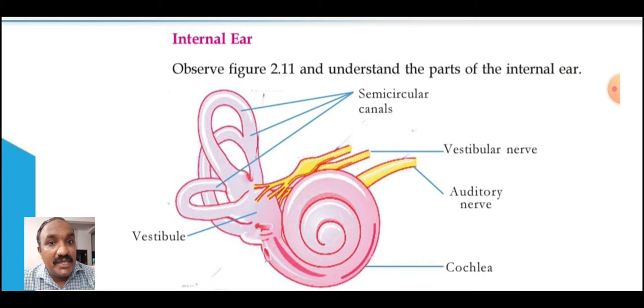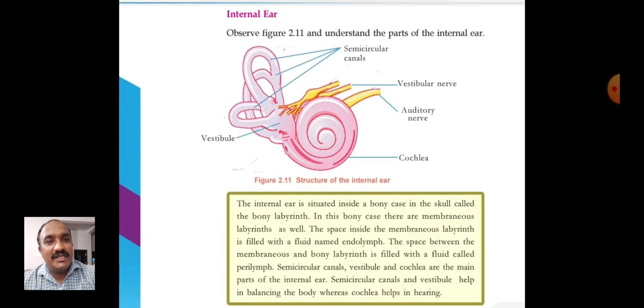These are the three main parts. Apart from these three, there are two nerves that are also part of the internal ear: the vestibular nerve and the auditory nerve. So once again: semicircular canal, vestibule, vestibular nerve, auditory nerve and cochlea. We can see them in detail.